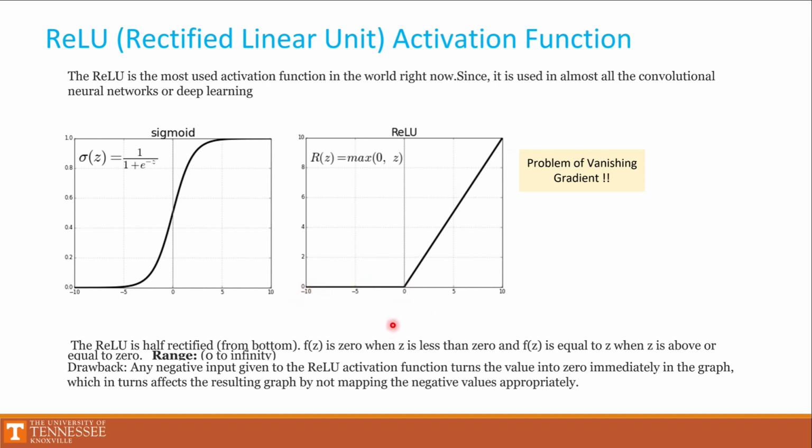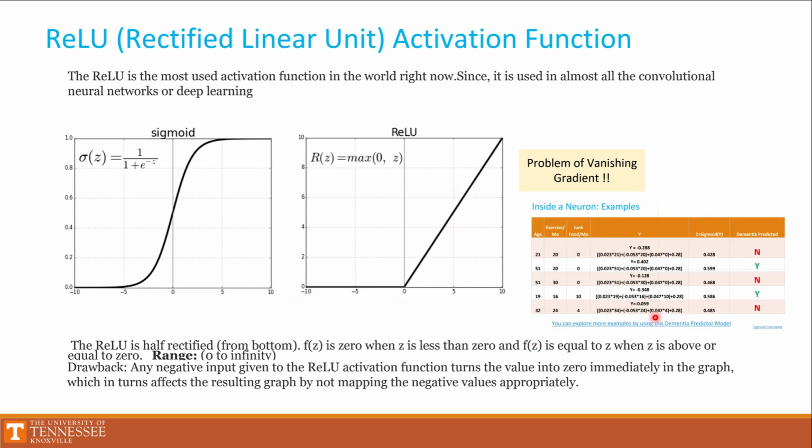So what happens? Remember this table of ours? If I start applying a ReLU function to my problem, then whenever your y value is less than 0, your final answer becomes 0. So if you have y equal to minus 0.288, you are making your value equal to 0, right?